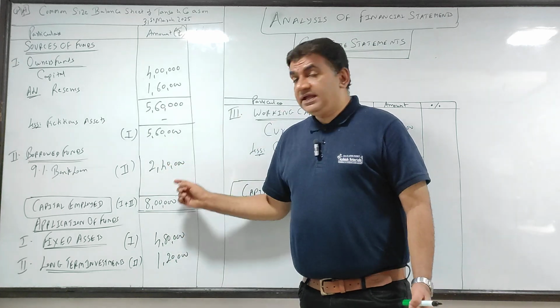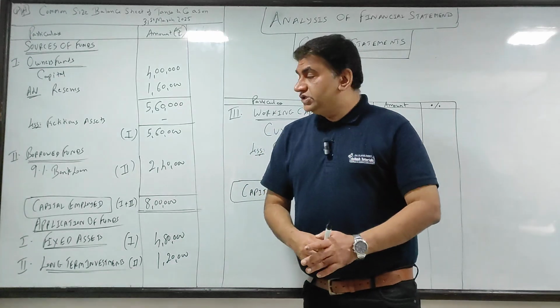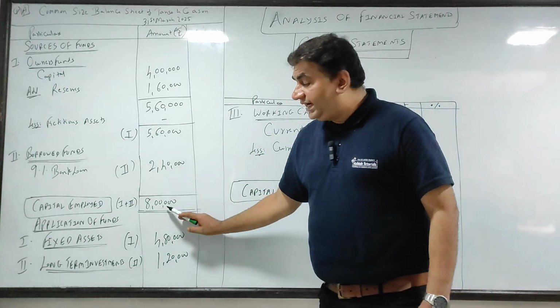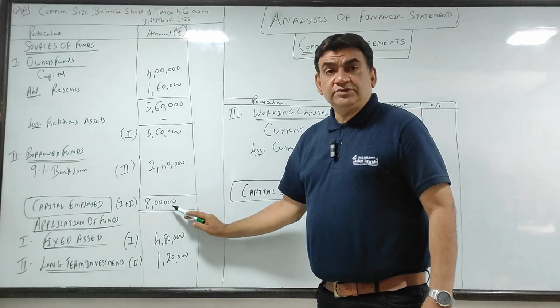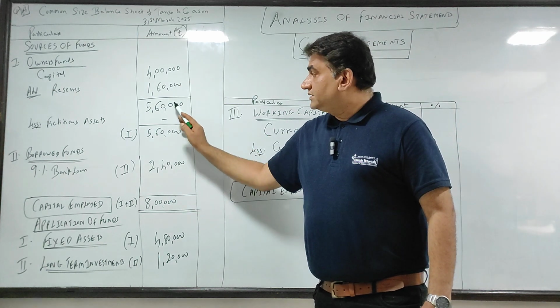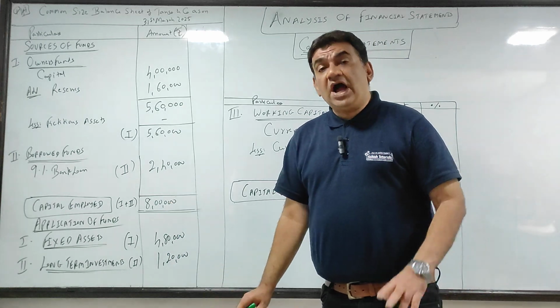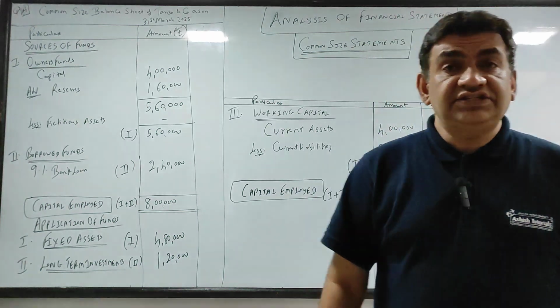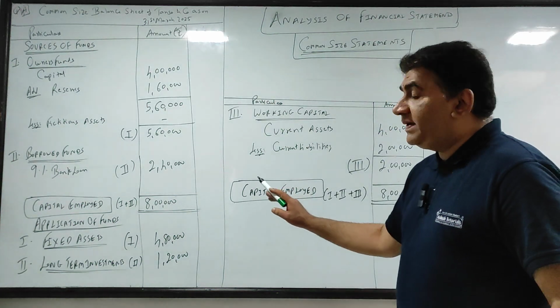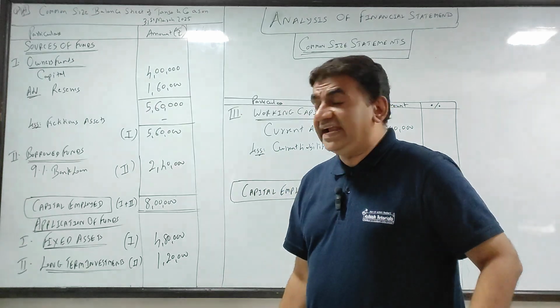Income statement में base थोड़ा अलग है, hope that we will see after some time. Got it? So what I have to do, ये total 8 lakhs है. You have to tell them this is how much percent of 8 lakhs. How to do that? First of all, at both the places balance sheet ka total. The base for common size balance sheet is 8 lakhs.